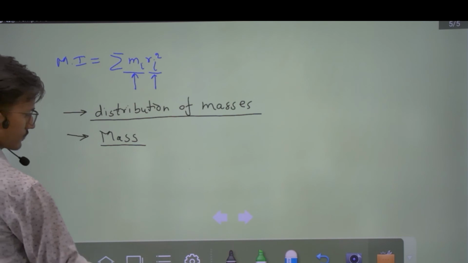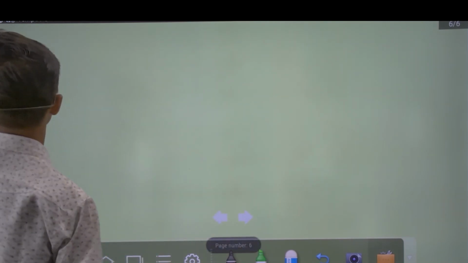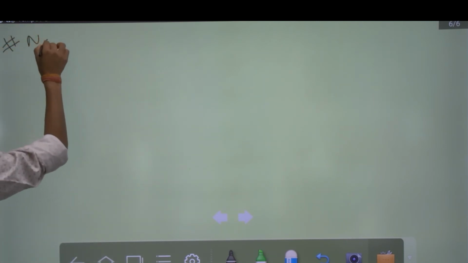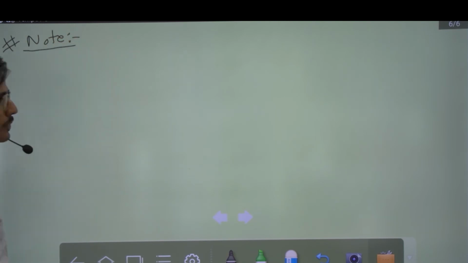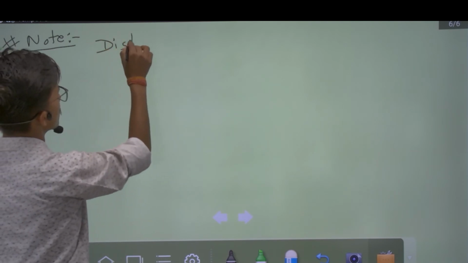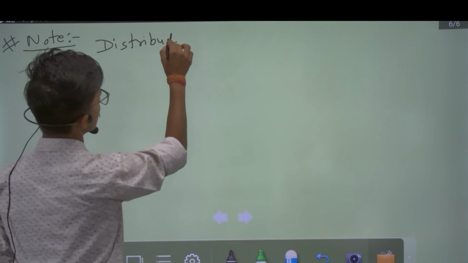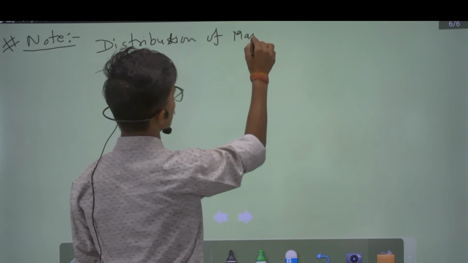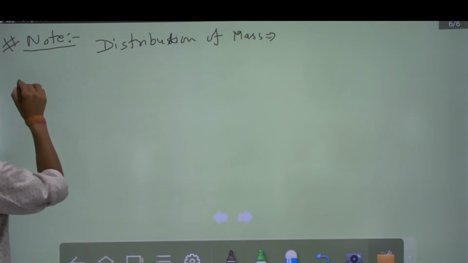Now before moving to the next topic, we will write down a note. Write down distribution of mass. There are three types of distribution.